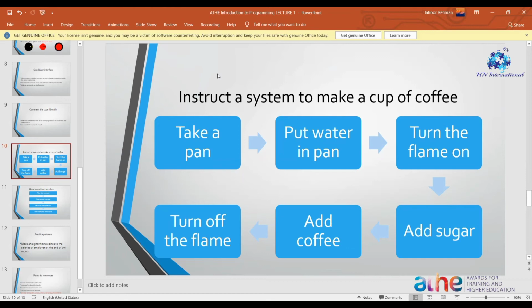These tasks must be performed in a flow or in different steps. You cannot take a pan and directly add coffee. So what does it mean? You cannot skip steps, and you have to execute every step until the step is completed.